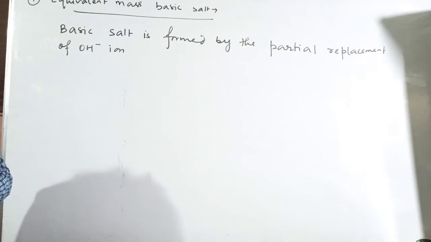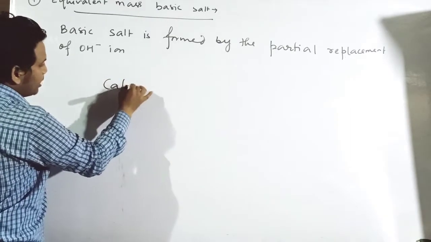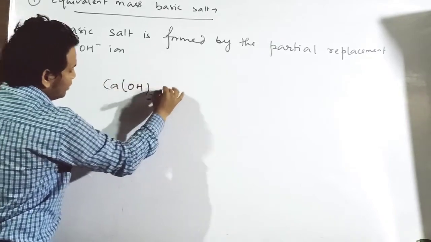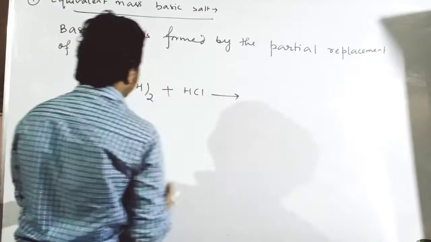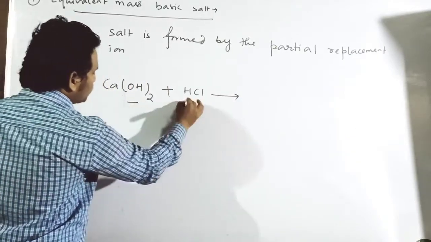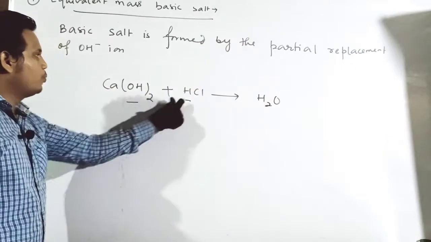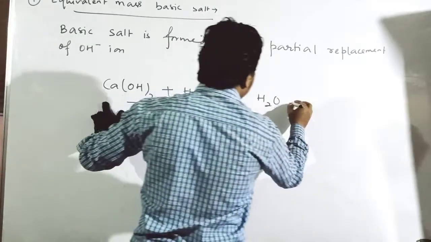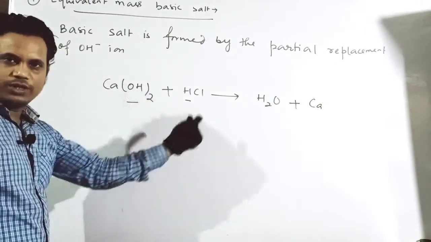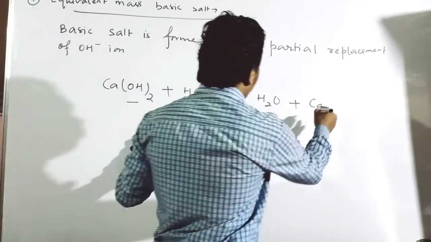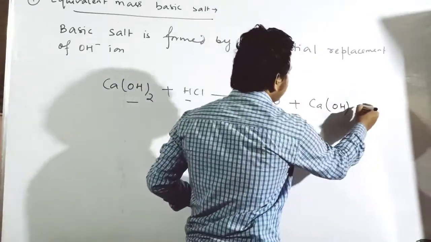Let us take one example. Suppose calcium hydroxide is there. If you react it with 1 mole of HCl, what will happen? 1 OH, 1 H, 1 water. What is left? Calcium. OH 2 times was there, 1 is gone to make water. 1 OH is there and 1 chlorine is there.